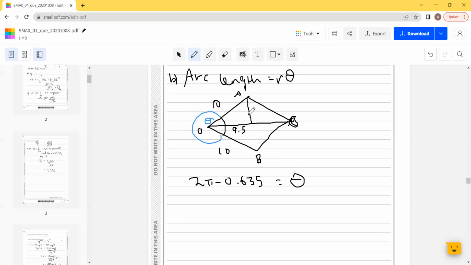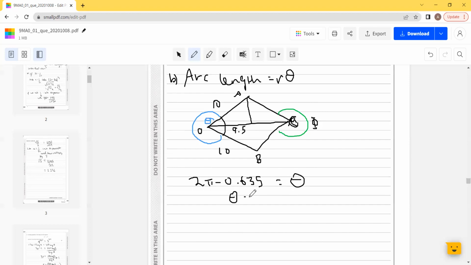And similarly, I'm going to have to do the same thing for the obtuse angle on the other side, which, for sake of ease, I'm just going to call phi. So I can easily figure out what theta is.